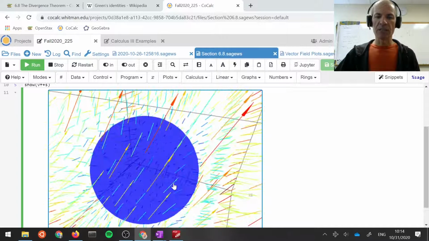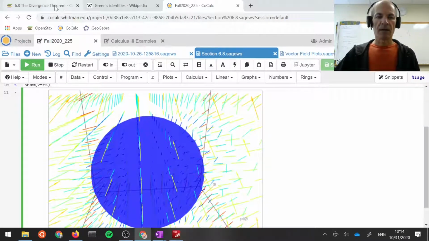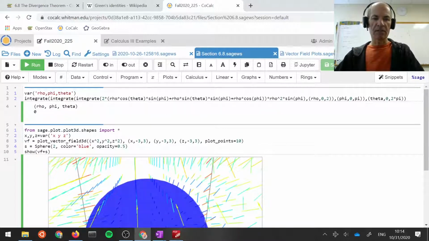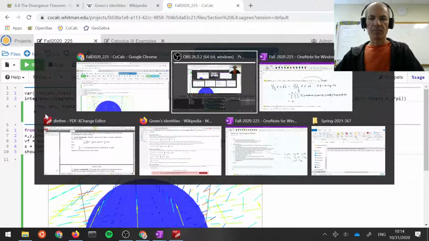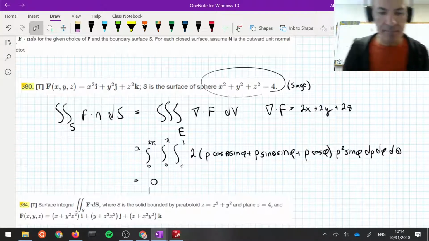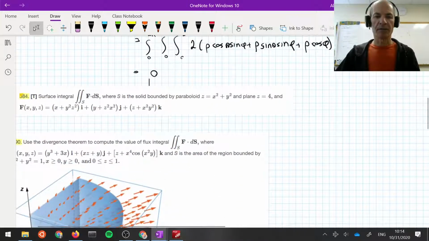So it's not unreasonable to think that maybe they're in complete balance. They net out to 0. And that's essentially what this is telling me. This integral represents the flux across the surface of the sphere of the vector field. We used the divergence theorem to compute it a different way as a triple integral, but we got 0. And that seems to be supported by the figure.